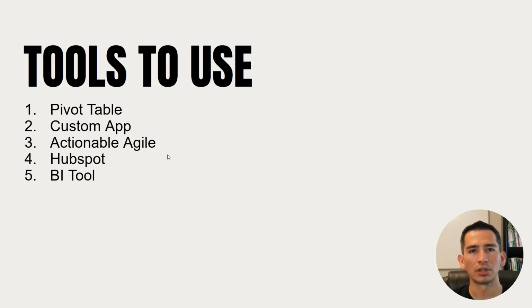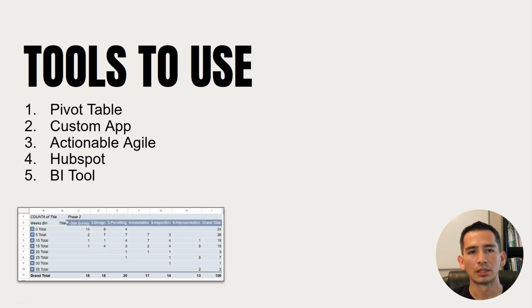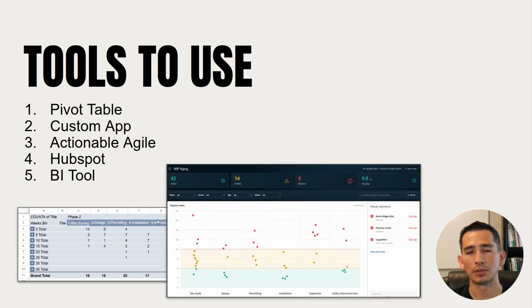Okay. Now for the tools to use. Some of the tools that you can use are pivot tables in Google Sheets or Excel. It's not going to look as nice as the scatter plot since a cycle time work in progress aging chart is not an out-of-the-box chart in those tools, but it achieves pretty much the same results. It's just going to look slightly different. You could feed that same data into a custom app. I made something with ChatGPT sites in about 10 minutes, and it's got a pretty close visualization.